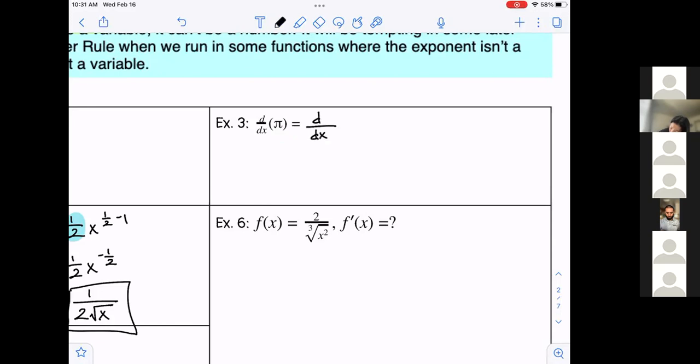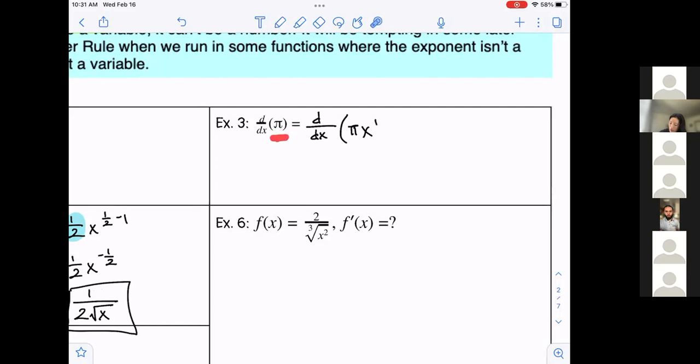If I wanted to write this so I could see my variable, what's the power for the variable? All right, so x to the first power.